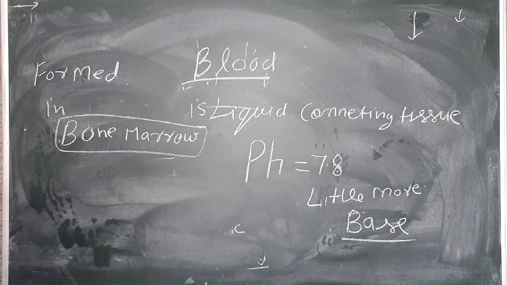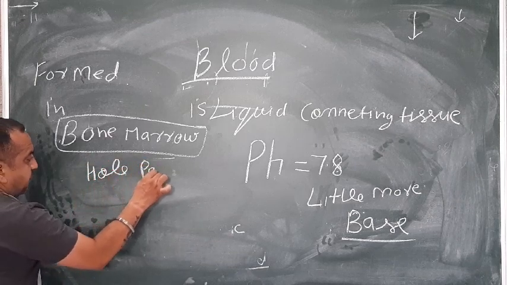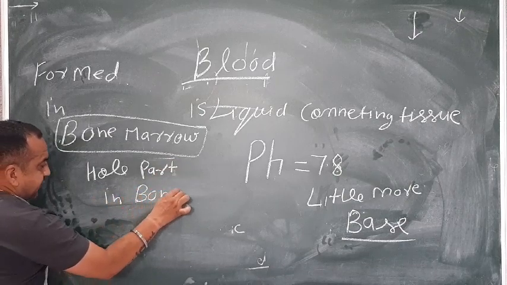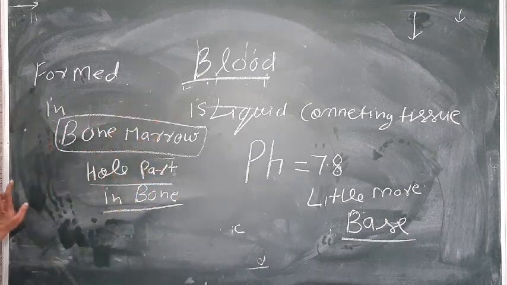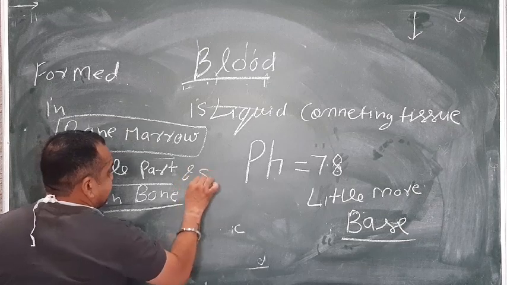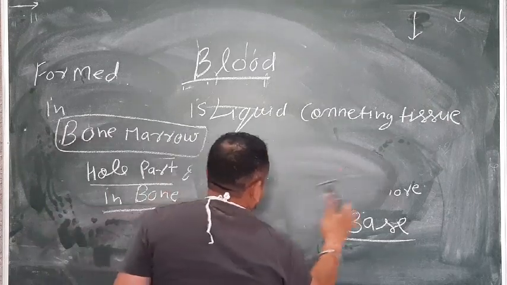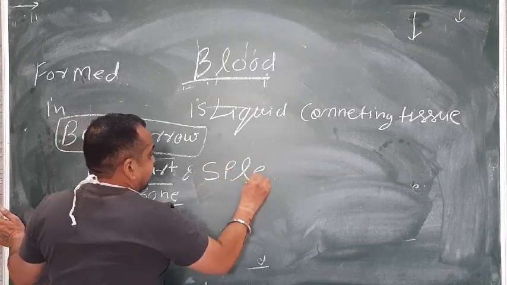The bone marrow is the hollow part in the bone. In the hollow part of the bone, blood is generated in the human body. Blood is formed in bone marrow and spleen, S-P-L-E-E-N, spleen.